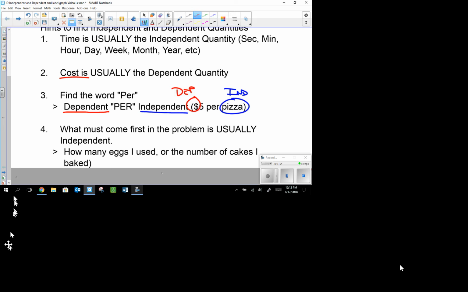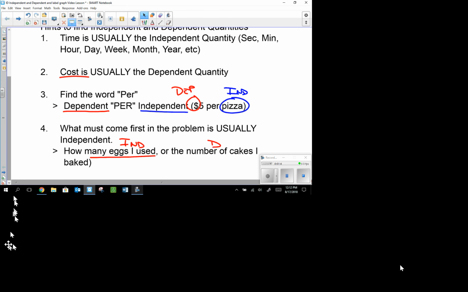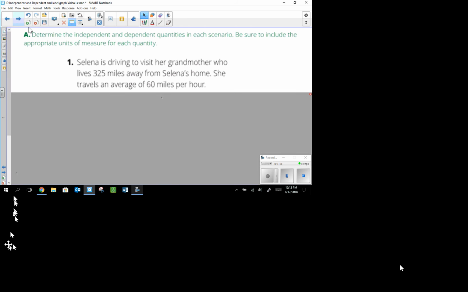Therefore, using the eggs would come first, which would be independent, and baking the cake would come second, which is the dependent quantity. And the 5th hint, just overall, is just asking what quantity depends on the other. So if you can't use hints 1 through 4, then you're going to have to ask yourself which quantity depends on another quantity. So let's look at an example here.